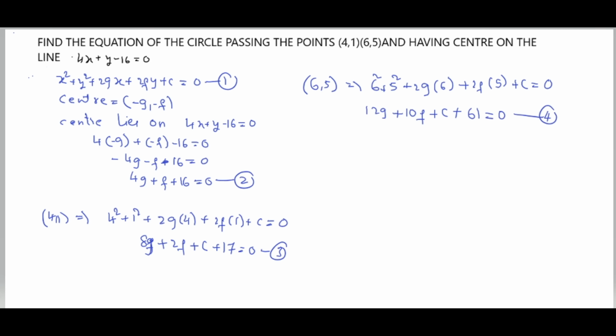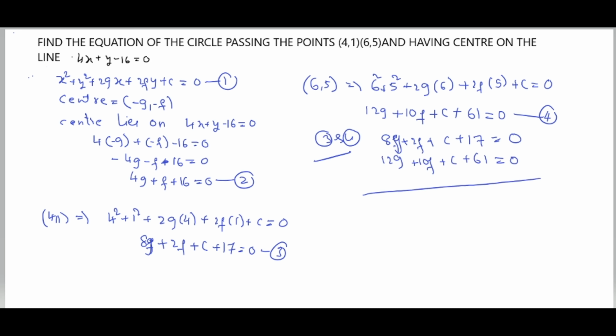And from the equations 3 and 4, subtracting the fourth equation from the third equation. The third equation is 8g plus 2f plus c plus 17 is equal to 0, and 12g plus 10f plus c plus 61 is equal to 0.